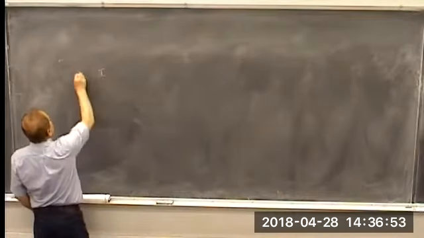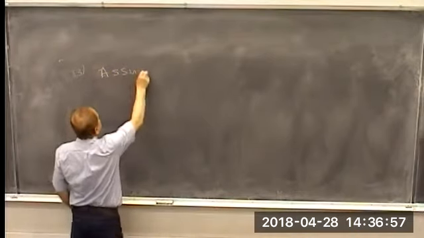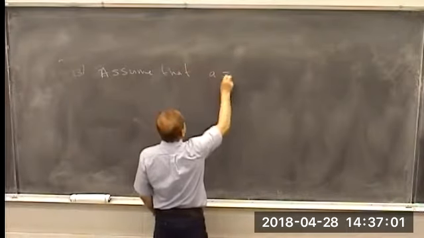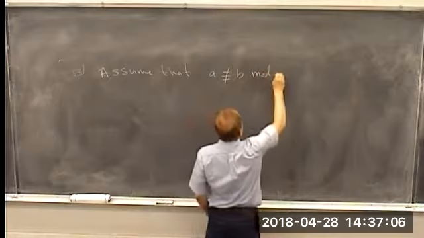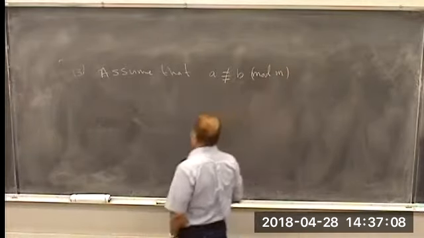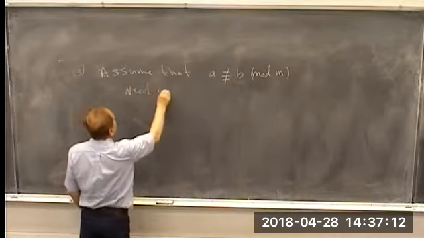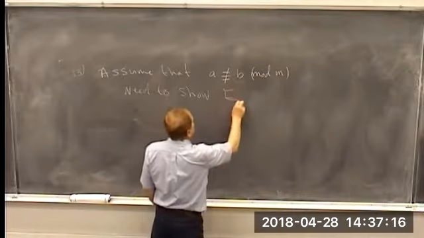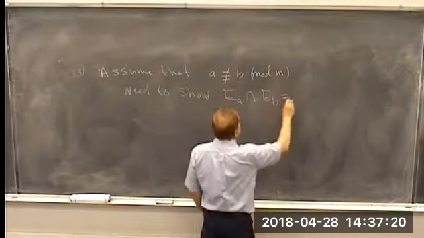This is number 3. Let's assume that A is not congruent to B mod M, and we need to show that E sub A intersection E sub B is empty.